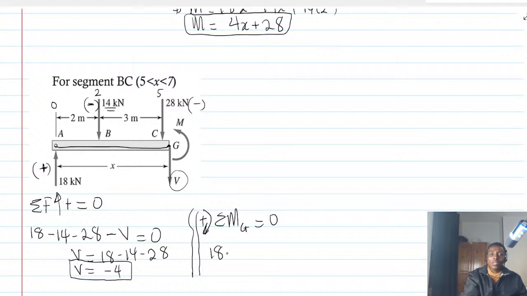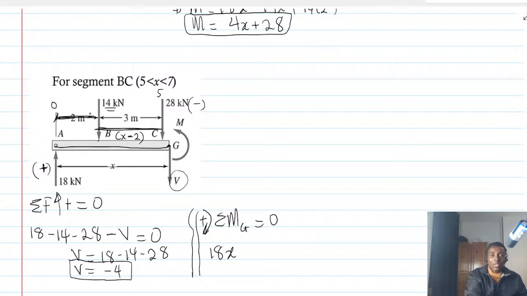But the 18 is clockwise, that's why it's positive. Then the 14, you can see that. Okay, so let's watch this carefully. From here all the way to here is X. Therefore, if here is 2, then from 14 to where the J is will be X minus 2. I hope the concept is clear.